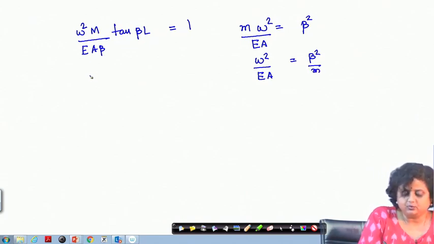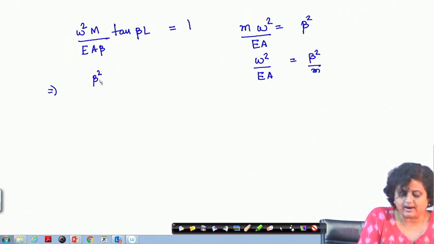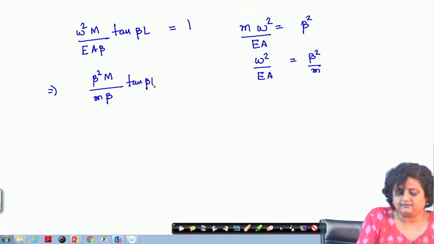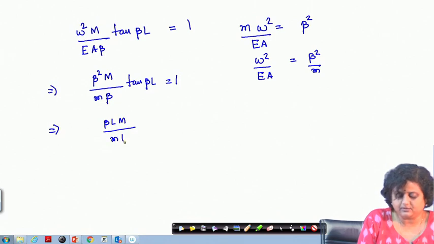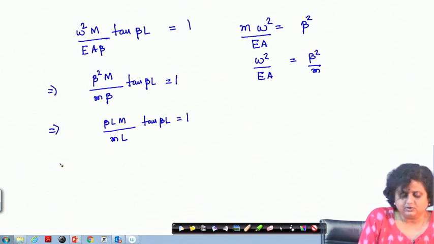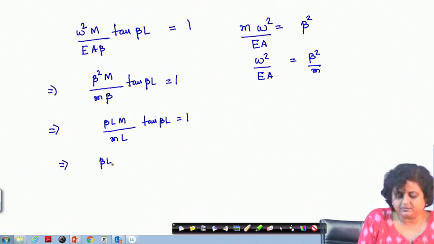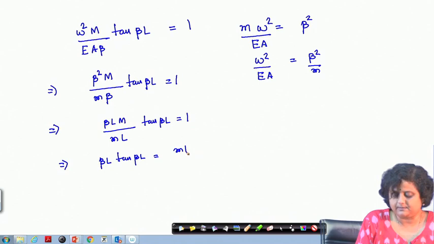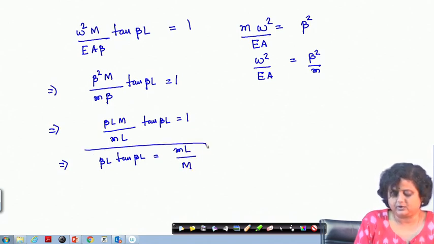So, that is what I am going to do here, and by writing this here, I will write beta square capital M by small m into beta into tan beta L is equal to 1. So, that is going to give me beta L into capital M by small m into L into tan beta L is equal to 1. So, that can further be simplified as beta L into tan beta L is equal to small m L by capital M, right.